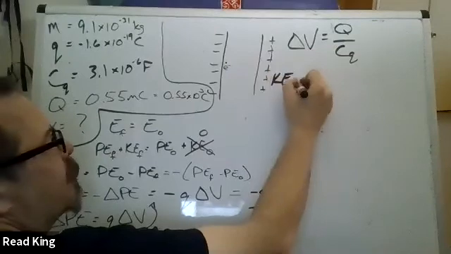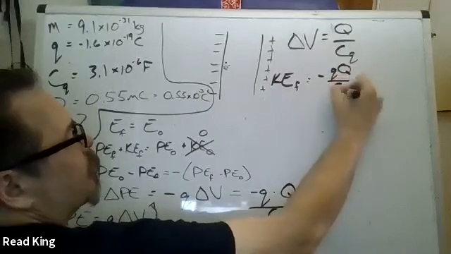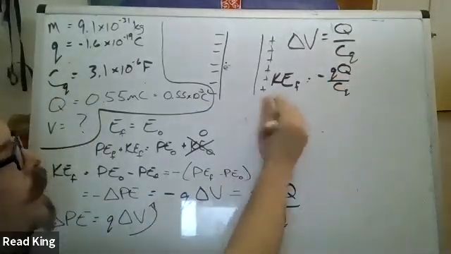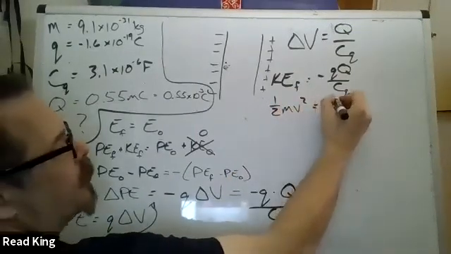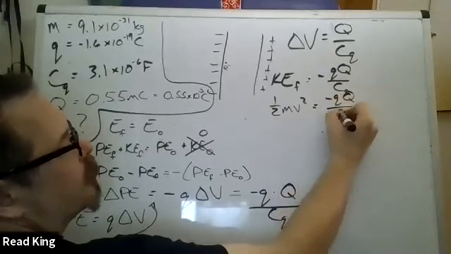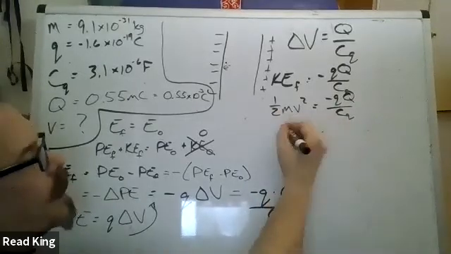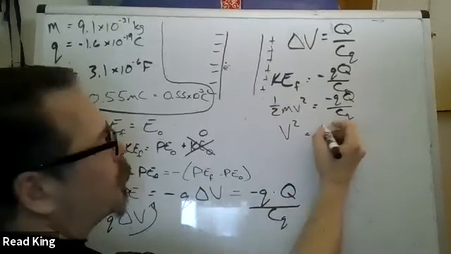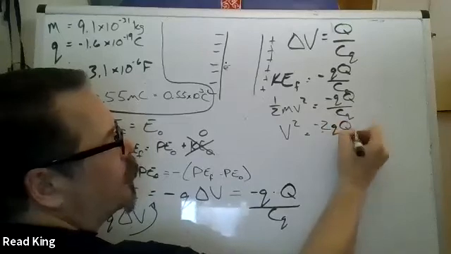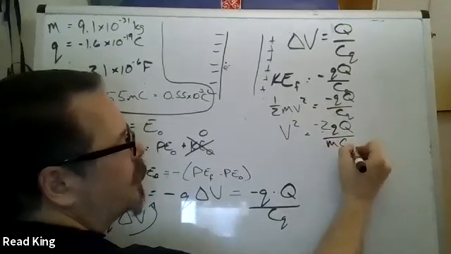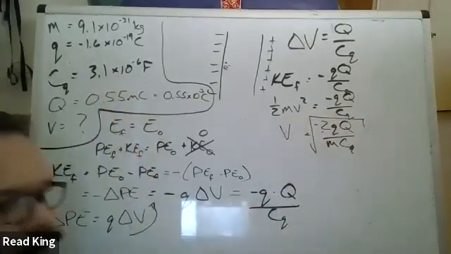The kinetic energy final is going to equal minus q big Q over C. But this is 1/2 mv squared, which is going to equal minus q Q over C. If we multiply by 2 divided by m on both sides, we're going to have v squared equal to minus 2 q Q over m C, and then we're going to square root both sides to get rid of the square. And that's what we're going to need to plug in.